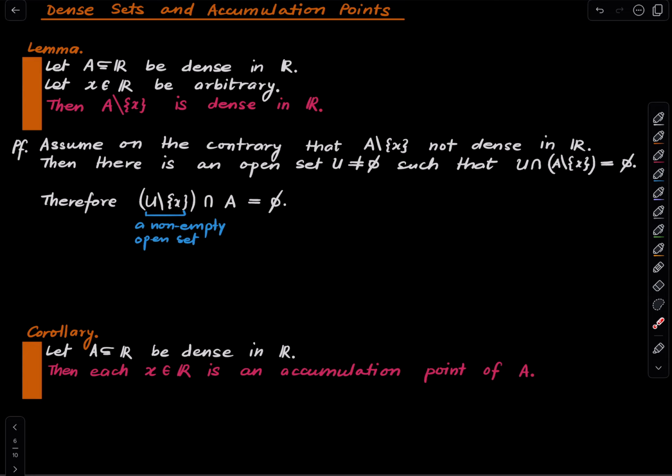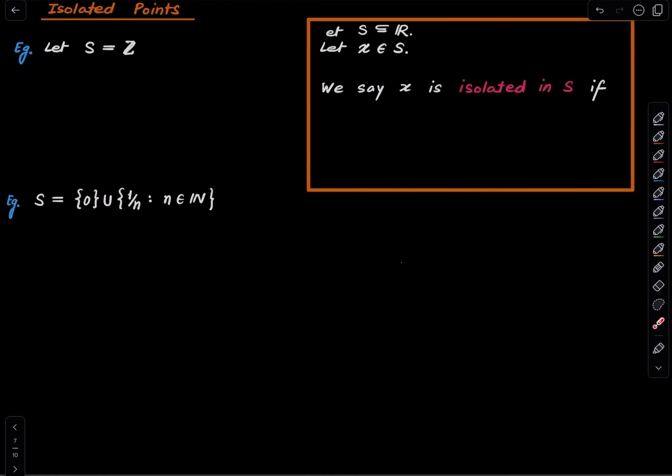Okay. Now we have a cousin, or a kind of antithesis, of the notion of accumulation points. So what is it? Fix some non-empty subset S of reals, and some element x of S. This is not just some arbitrary real number.